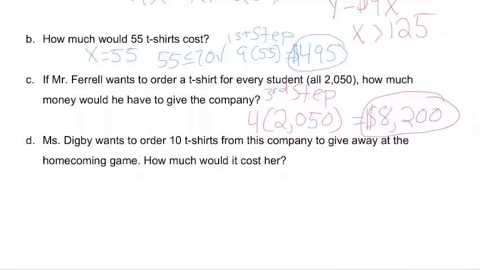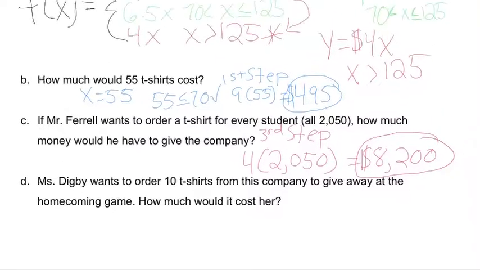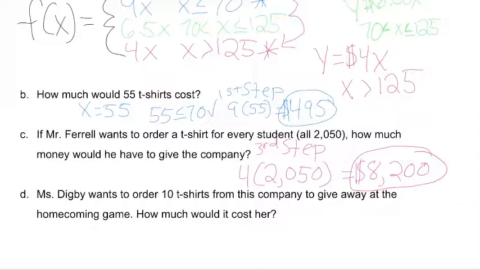And then lastly, Miss Digby wants to order 10 t-shirts from this company to give away at the homecoming game. How much would it cost her? So we're going to go where x equals 10. And by the way, because I forgot to do it for C, x is equaling that 2,050.